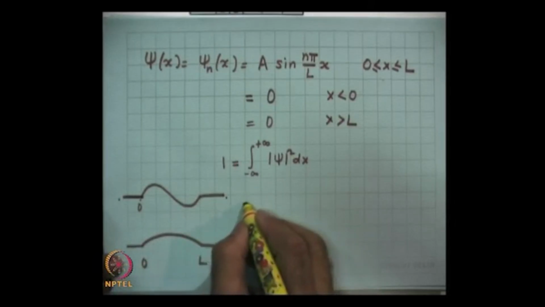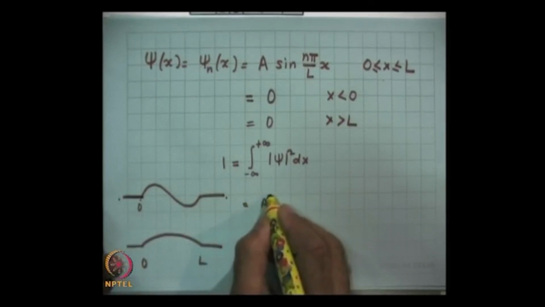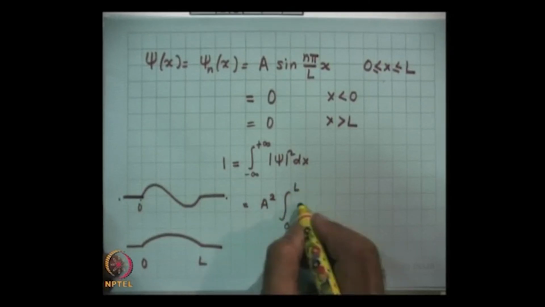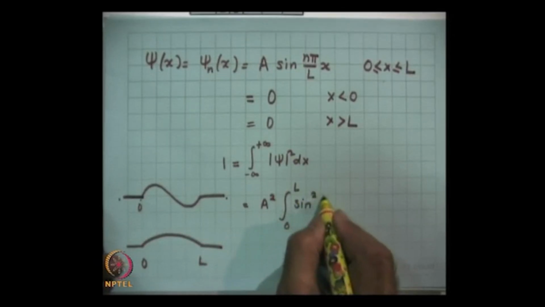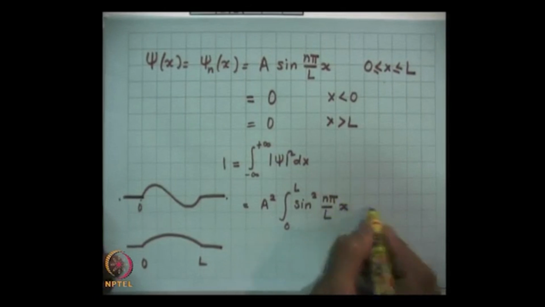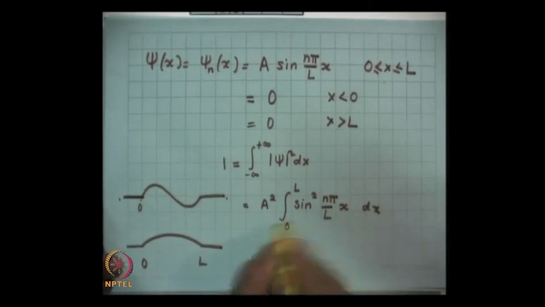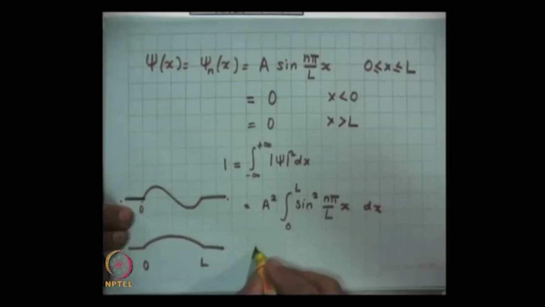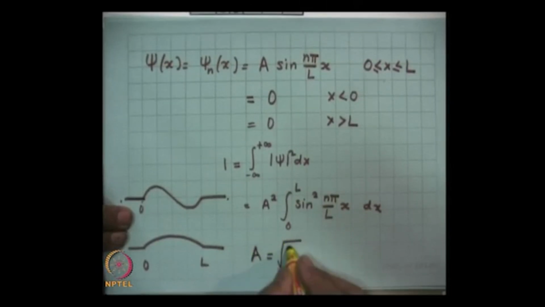So, therefore, this will be equal to a square times the integral from 0 to L of sine square of n pi by L into x dx. You can easily integrate this equation, and if you work this out, I leave it as a very small exercise, it comes out to be 2 by L.